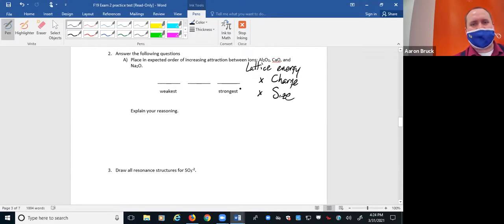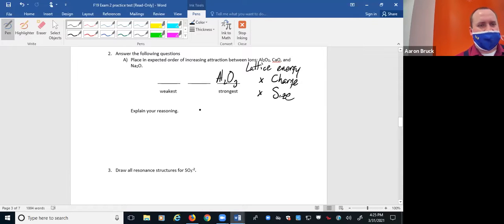So, which one of these 3 has the strongest charge? The aluminum oxide, Al2O3, that is going to have the strongest charge because of the +3 on the aluminum.